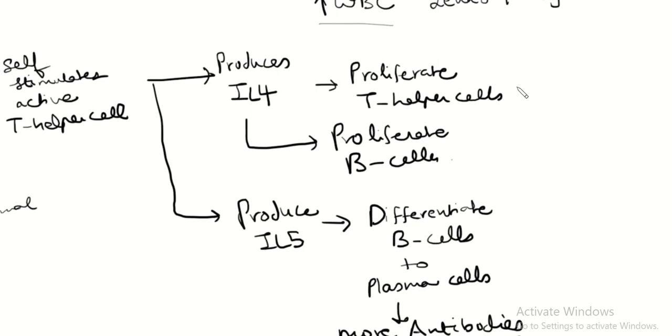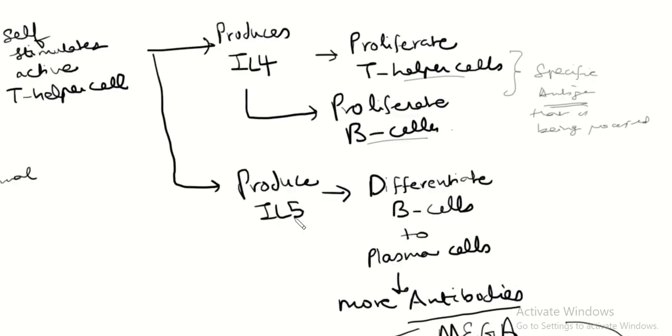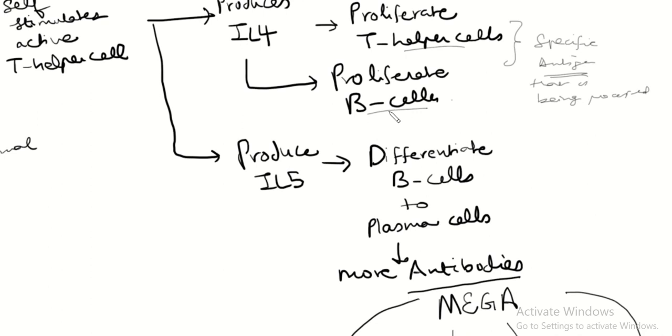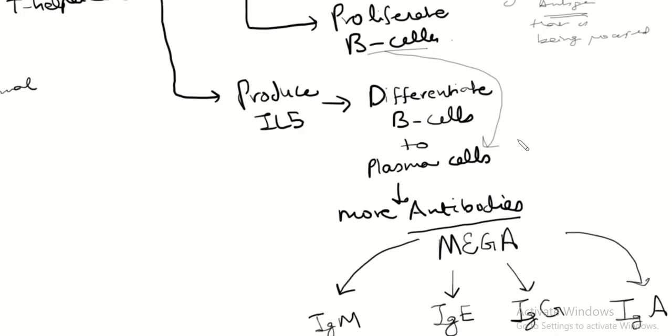And these are both very specific for the antigen that is being processed. Okay? So what does it do? IL-4 produces T helper cells and B cells that are specific to that antigen, and also produces IL-5, which differentiates these B cells into plasma cells. And the plasma cells give us more antibodies.